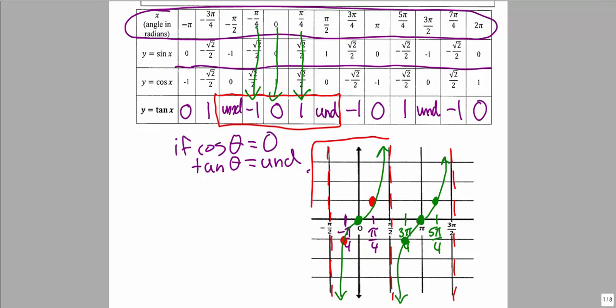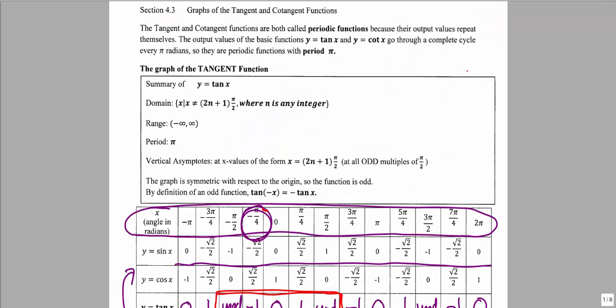So when we think about the basic shape of tangent, we think about the shape from minus pi over 2 to positive pi over 2, from asymptote to asymptote, and that is a horizontal distance of pi units, so the period for tangent is pi. To summarize tangent, the domain, or the x values that actually go into the function and yield a value that is not an asymptote, will be all the x values except for odd multiples of pi over 2.